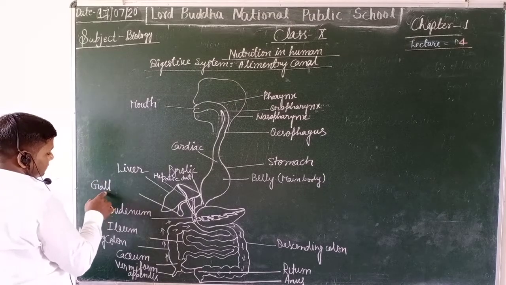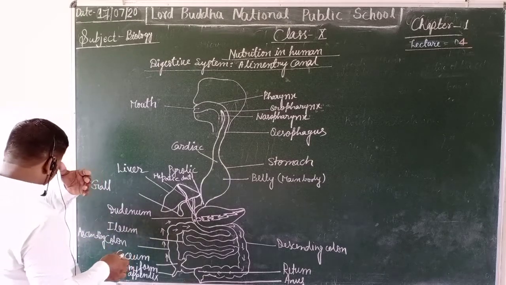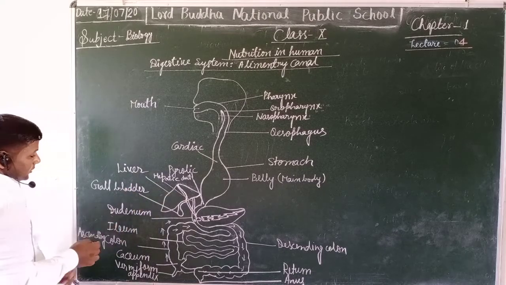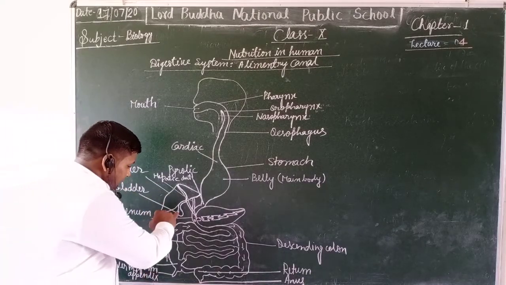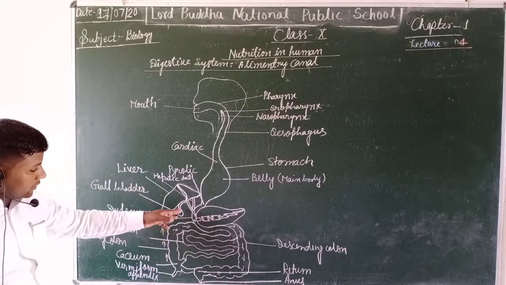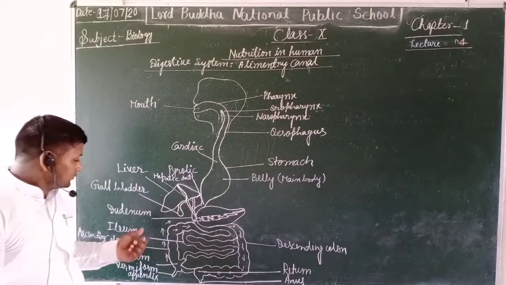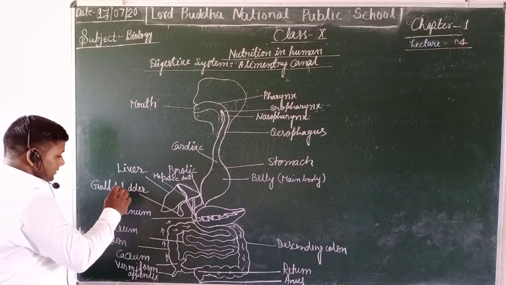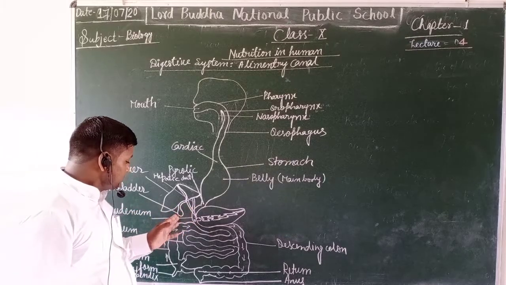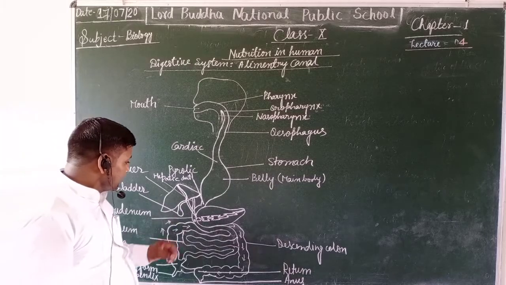Students, you often hear that there is a stone in the gallbladder. This is the gallbladder where the gallstones get aggregated and cannot pass out from the body. Then after some time it takes a large shape and the patient needs surgical treatment.